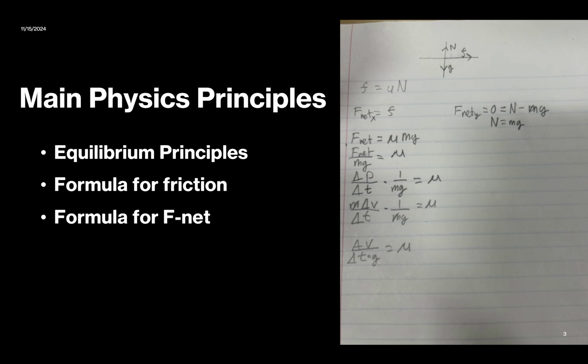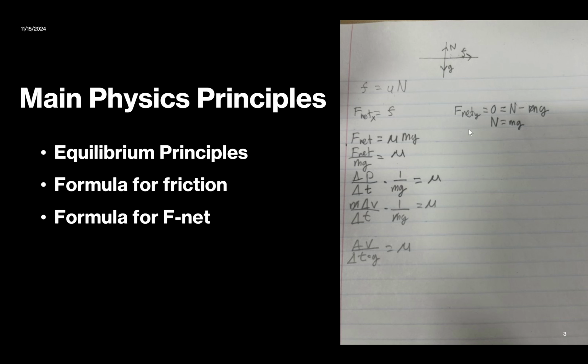So, my main physics principles in more detail. Over here is my formula for friction, and then how I set up my equilibrium, even though I was technically not in equilibrium, but that's okay. I took account of that later.